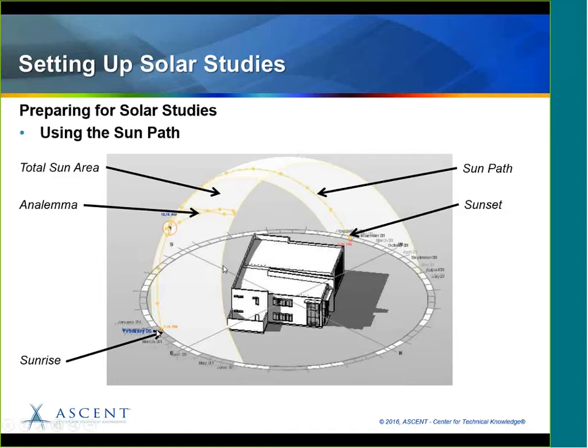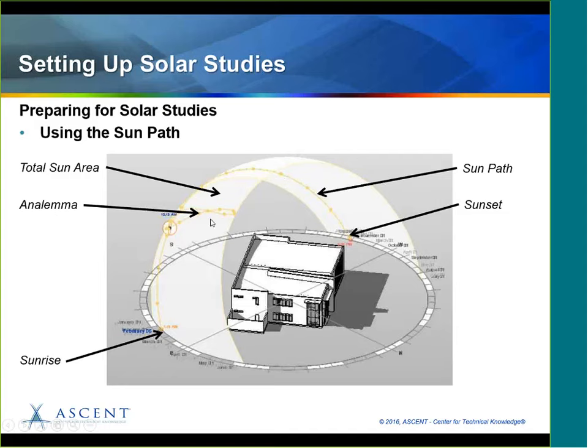It shows you when sunrise is, it shows you when sunset is, and I don't know if you can see the numbers right there, but it'll show you the very day you've selected. The total sun area is this path right here, all the white. The sun path, the location of the sun, is this right here.